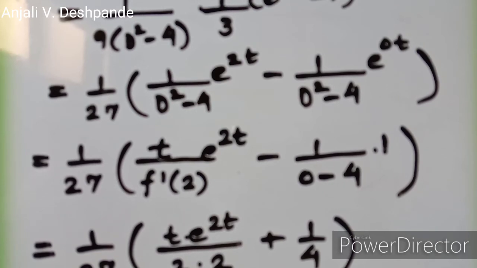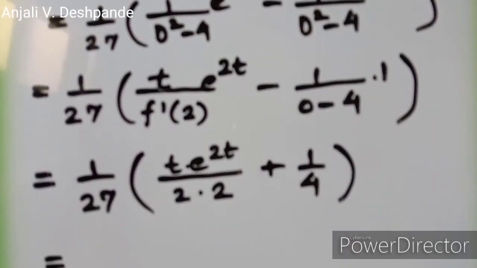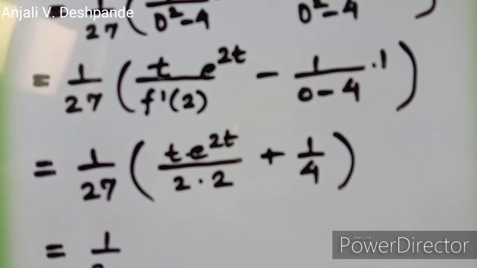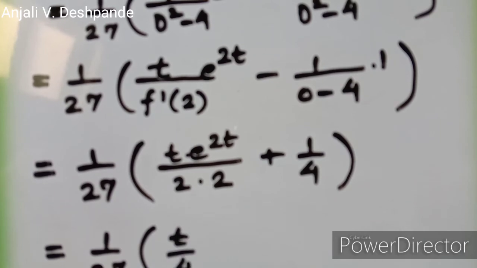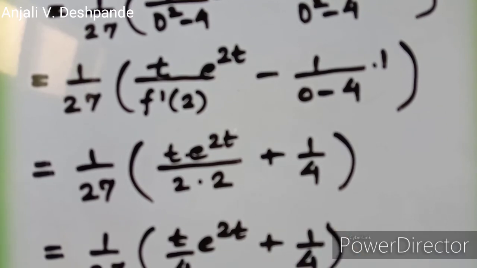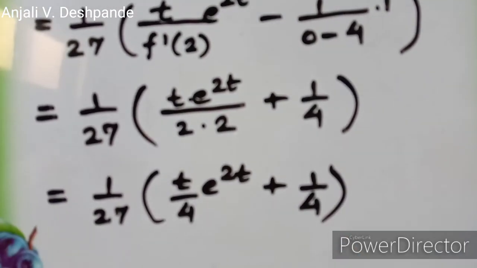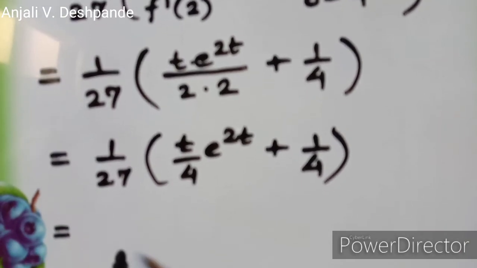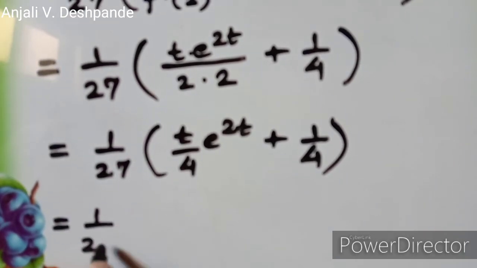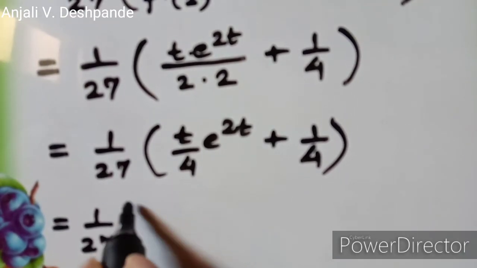So therefore the particular integral will be 1/27 into bracket (t/4) e^(2t) + 1/4.